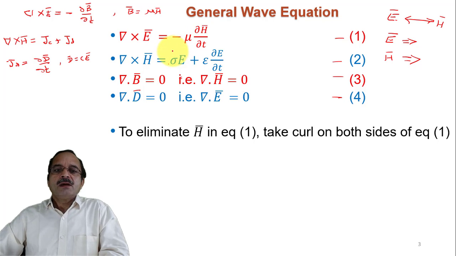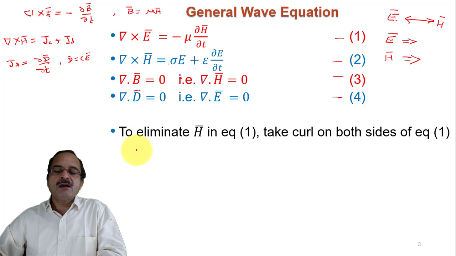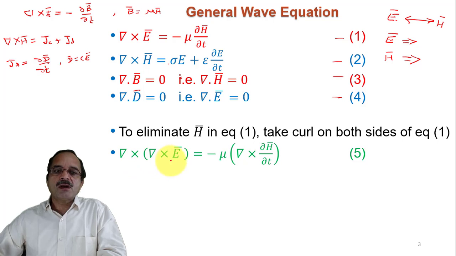Starting from these 4 equations, let us move ahead to find the expressions for these wave equations. Let us eliminate H from equation 1 to find E. To begin with, to eliminate H from equation 1, we take curl of both sides of equation 1. Rewriting equation number 1 by taking curl of both sides: curl curl of E is equal to minus mu curl of dH by dt.